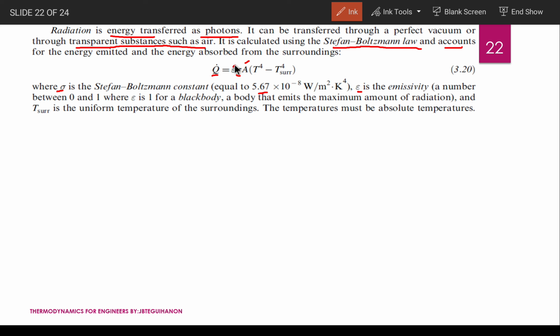Area, may area ka pa rin. Tapos delta T pa rin to, pero to the fourth power yung mga T. Emissivity is 1 for the black body, a body that emits the maximum amount of radiation. And T surrounding is the uniform temperature of the surroundings. Temperature must be absolute temperature.